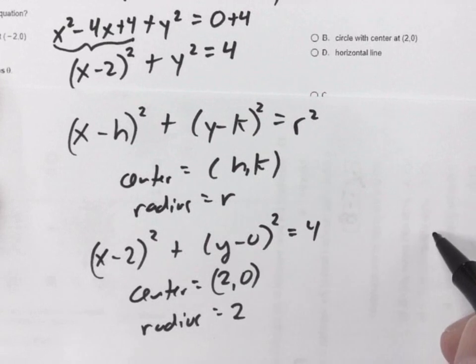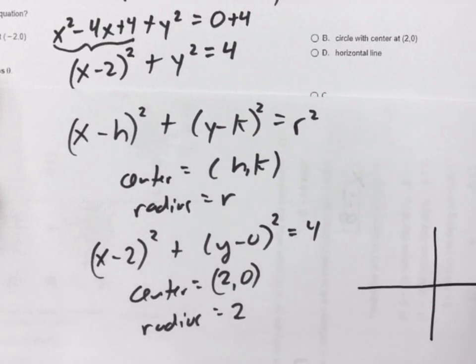So if we would try and graph that, the center is at (2, 0): 1, 2. So there's the center. Since the radius is 2, then we move 2.